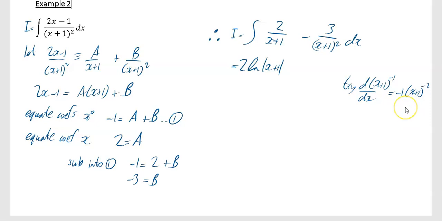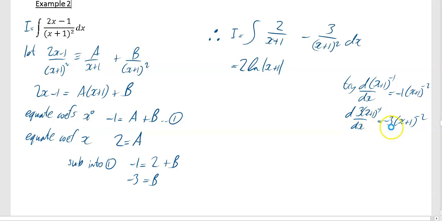So I'll need to multiply that by 3, so differentiate 3 times x plus 1 to the power of minus 1. If I do that, I'll get minus 3 times x plus 1 to the minus 2 as required. So I differentiate 3 upon x plus 1 to the power of minus 1, and I get this. That means if I integrate this, I will get this thing.